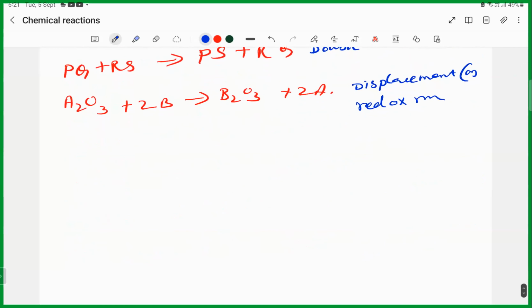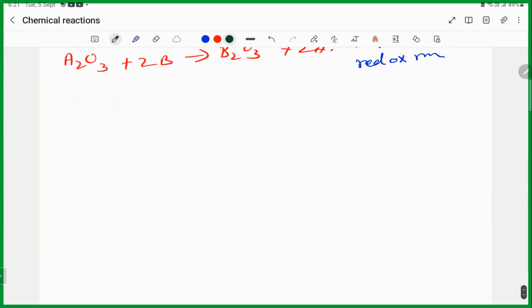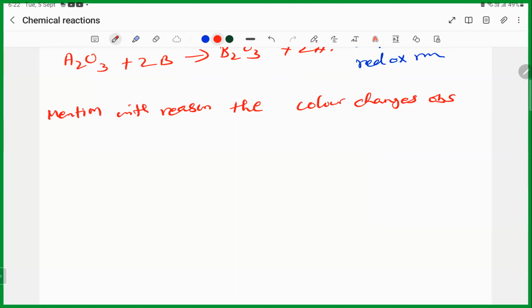So next question. Mention the reason. Did we see this yesterday? Okay, let's see. They have asked in 20. Mention with the reason the color change observed. Number 1.